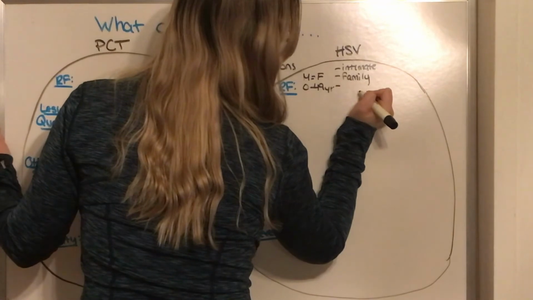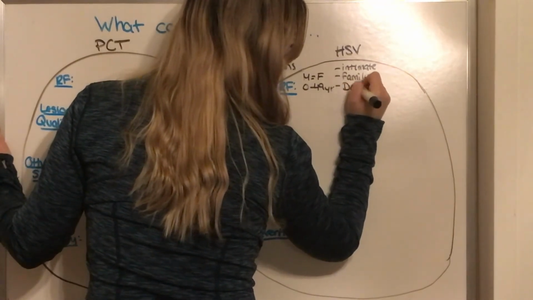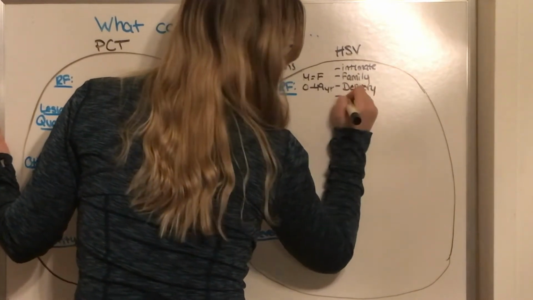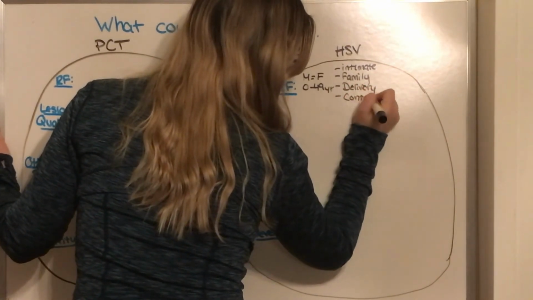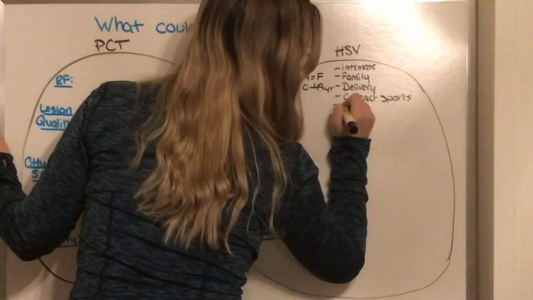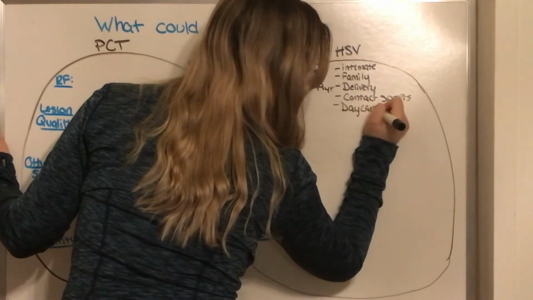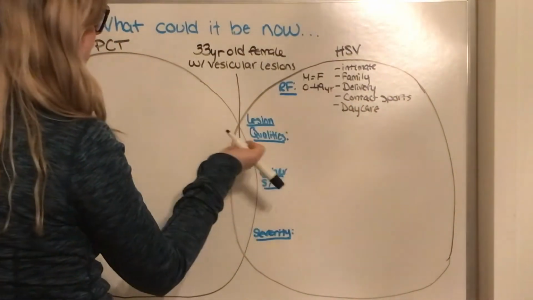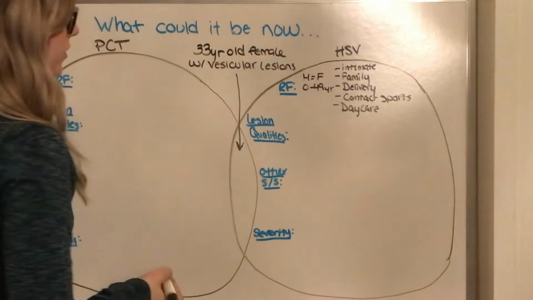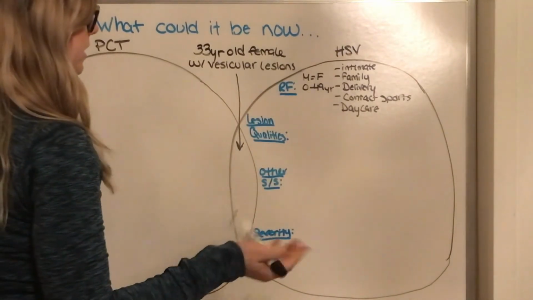It's also transmitted through delivery from mom to baby, contact sports, and at daycares through saliva, specifically the lesion fluid within the saliva, because in herpes simplex virus type 1, it's an oral lesion.